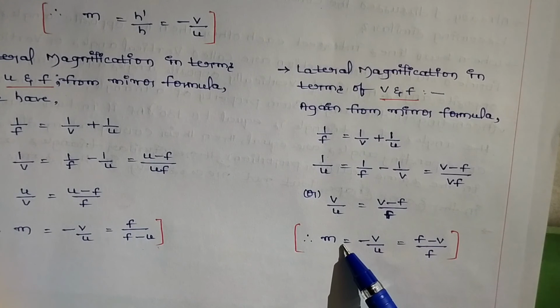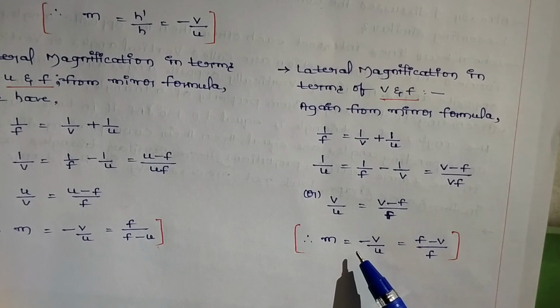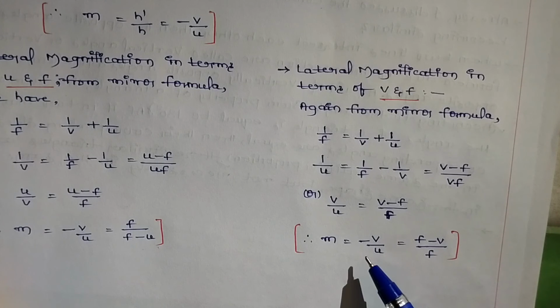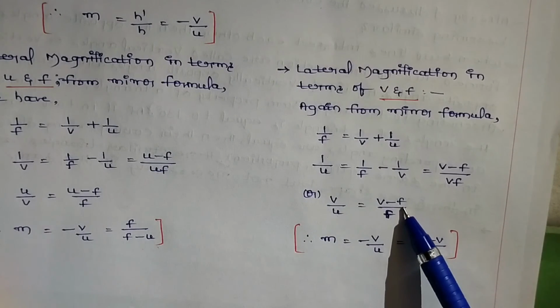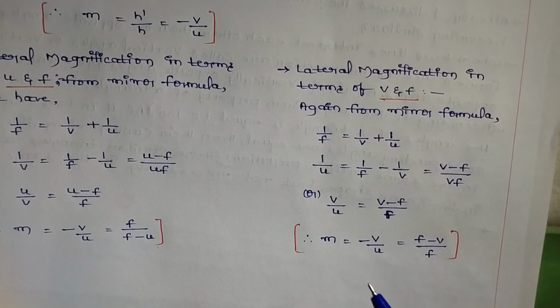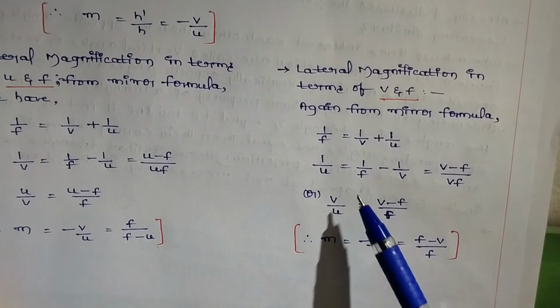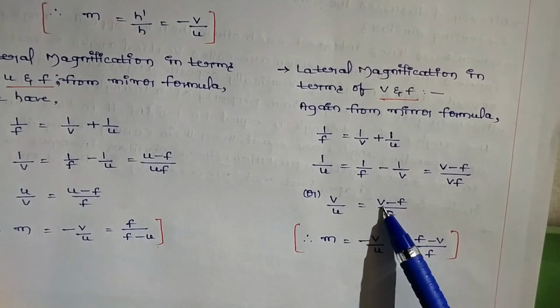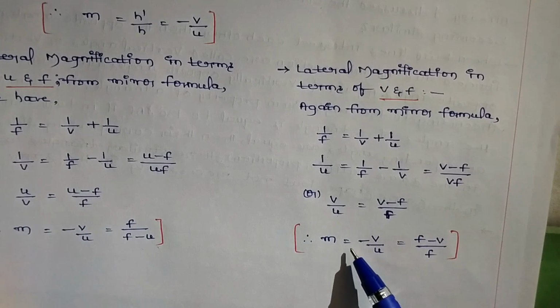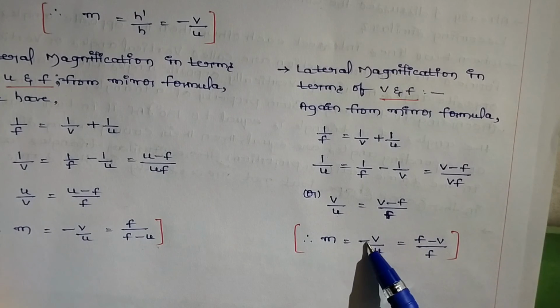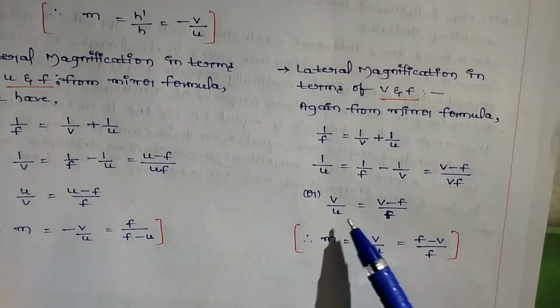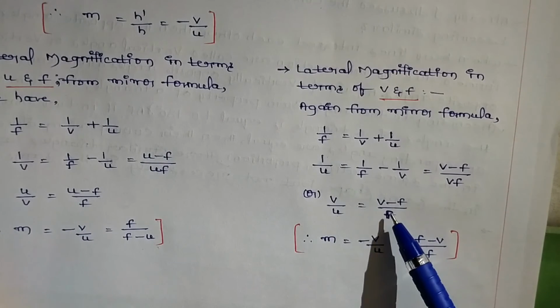Therefore magnification m is equal to, we know that magnification of a convex mirror is minus v by u and magnification of a concave mirror is also minus v by u. According to this formula, v by u is equal to v minus f by f. Therefore, m is equal to minus v by u, and v by u is v minus f by f.